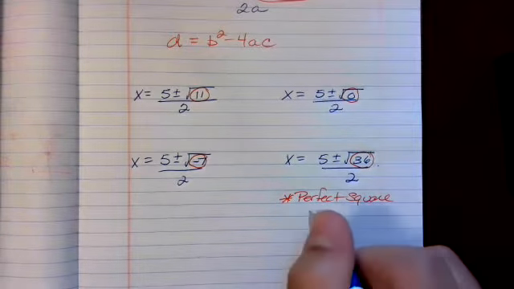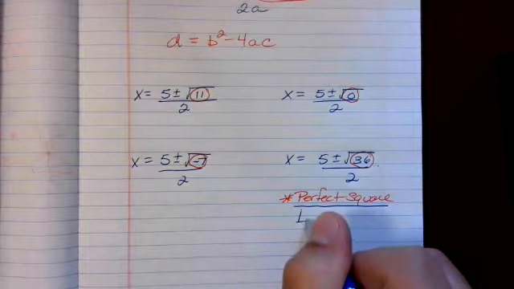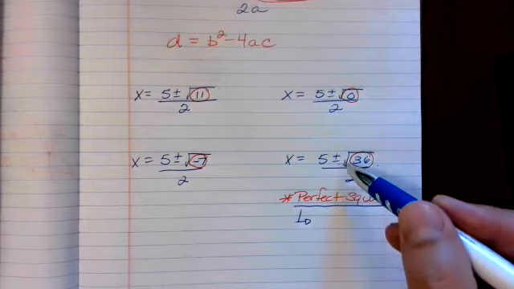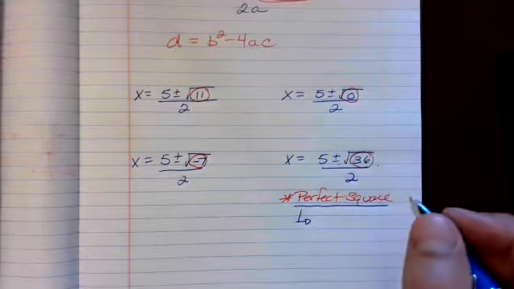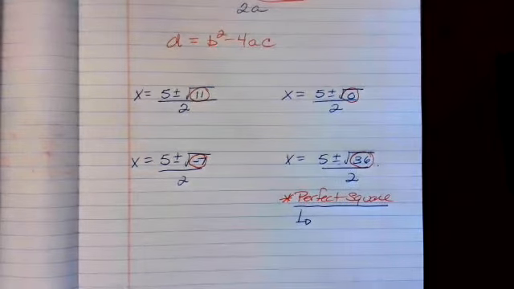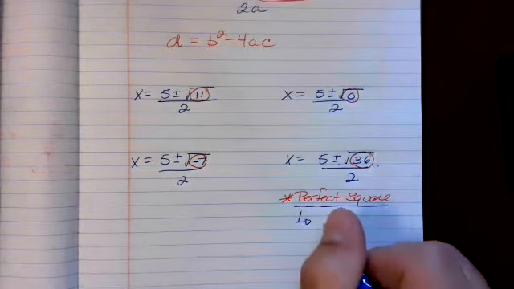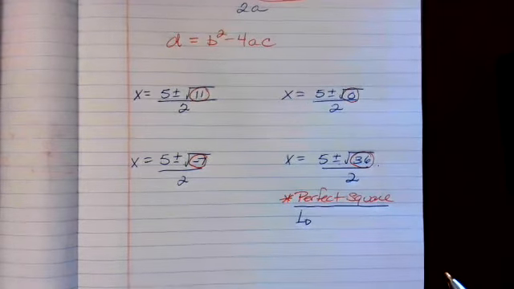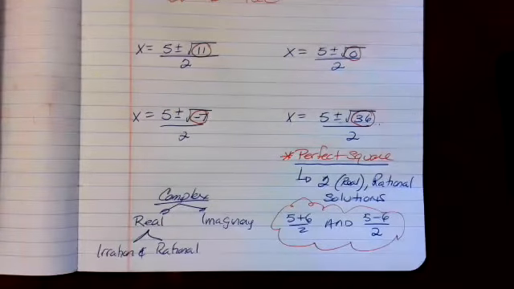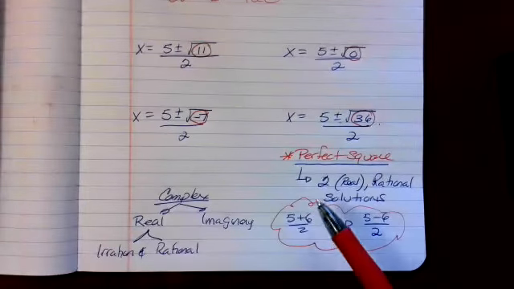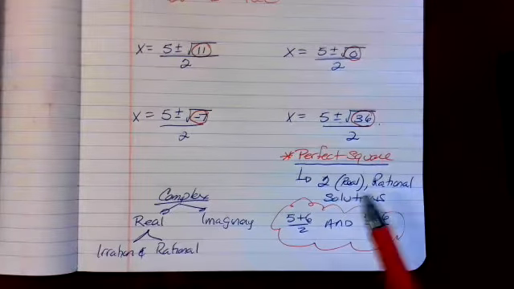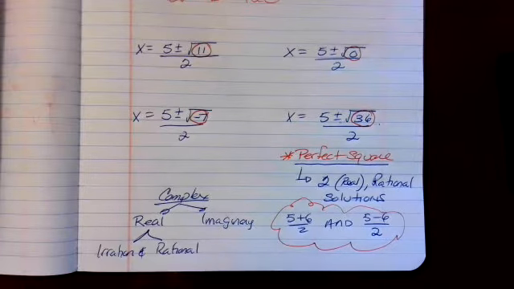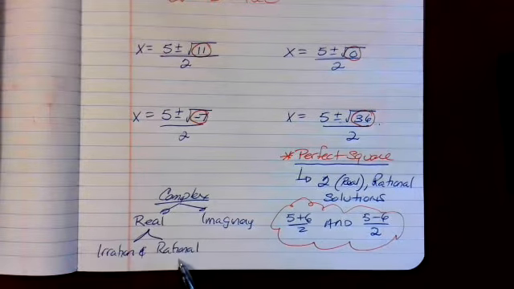So when I have a perfect square for a discriminant, I'm going to have 2 solutions, plus or minus. And since I don't have a radical, these are going to be 2 rational solutions. They might write 2 real rational solutions in the back of the book because these are real numbers and they're rational.